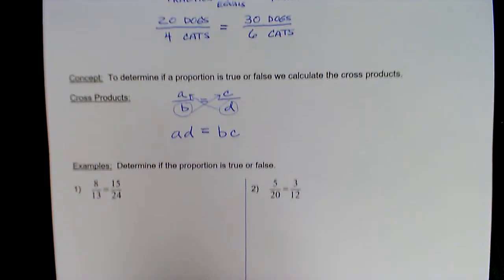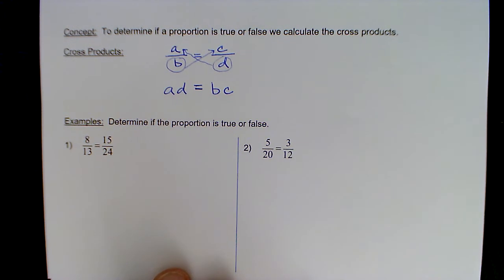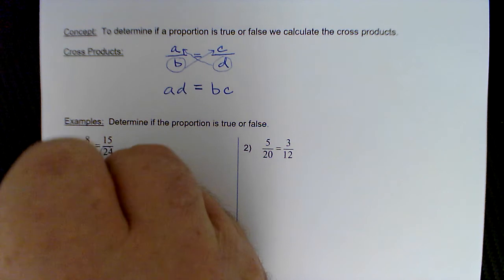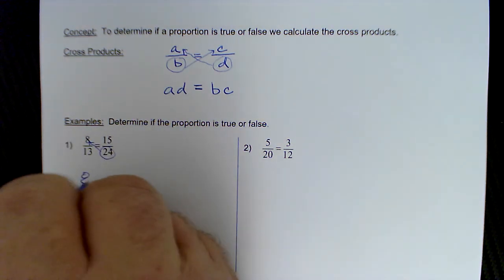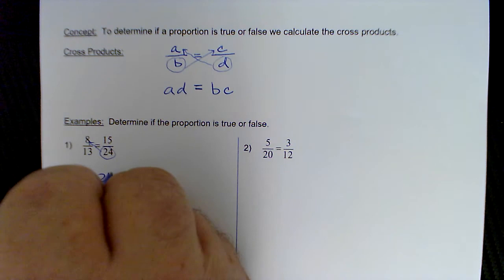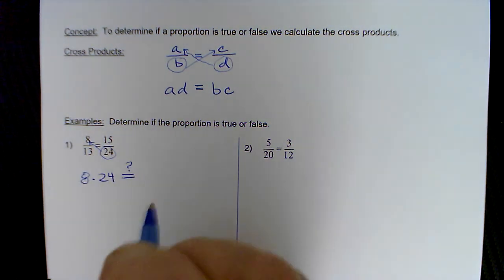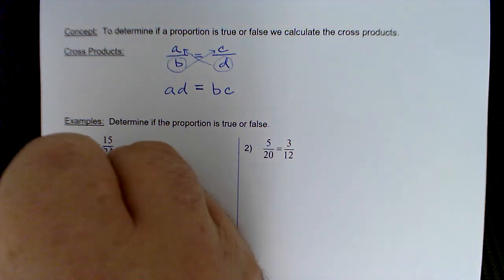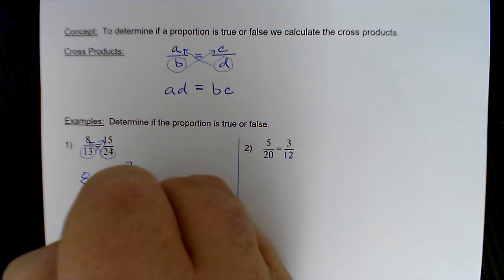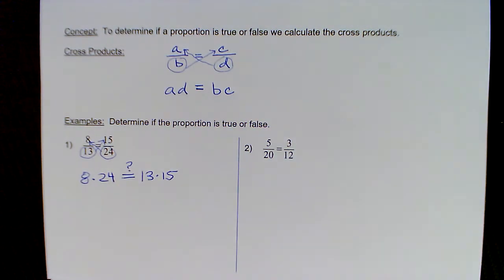So if you're asked to determine if a proportion is true or false, like in these examples, you just simply calculate the cross products. So here, 24 crossed over times 8. So we'll take 8 times 24. Okay, I'm going to do it this way. I'm going to put the equals, and I'm going to put a little question mark. Is that equal to? Because I don't know yet. Then I'll take the 13 crossed over times the 15. And you might go to your calculator at this point.